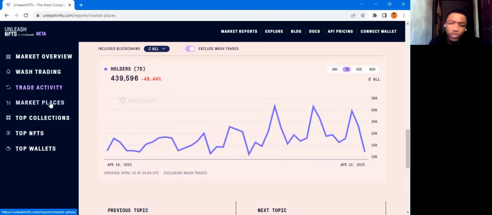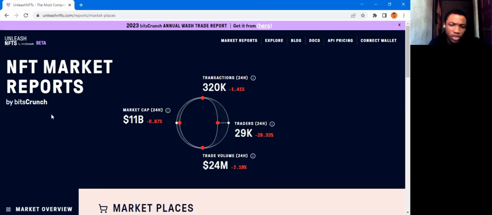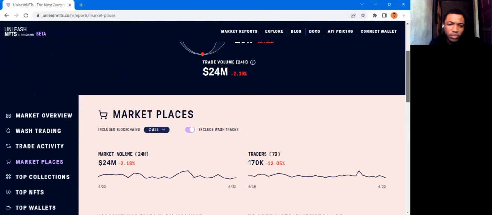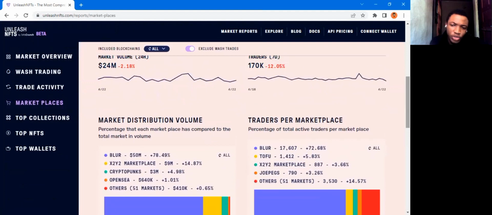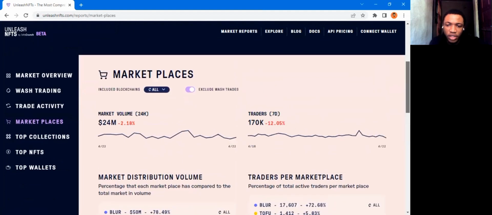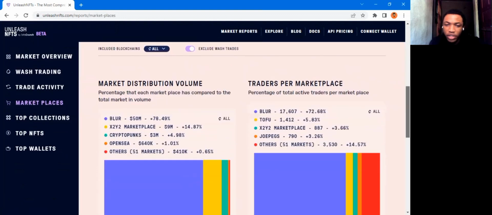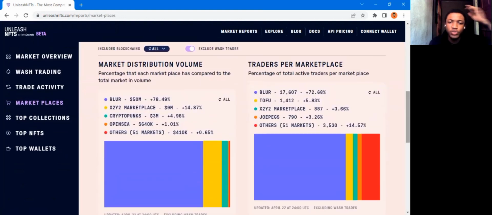All right, so let's go down to marketplaces. I think this one is actually very interesting for me personally, because I get to see the market distribution volume and the traders per marketplace. The market distribution volume has to do with the percentage that each marketplace has compared to the total markets in volume, and it's been color coded.